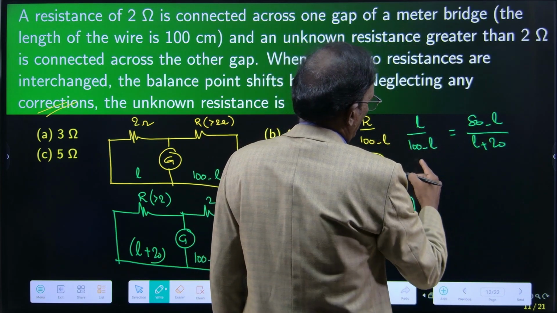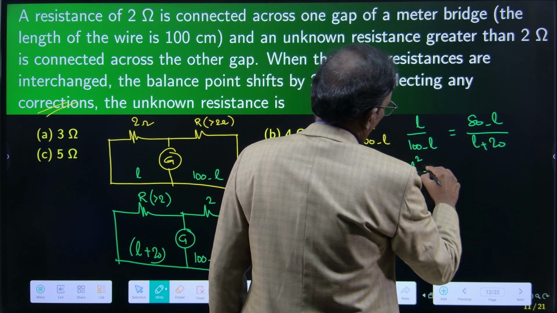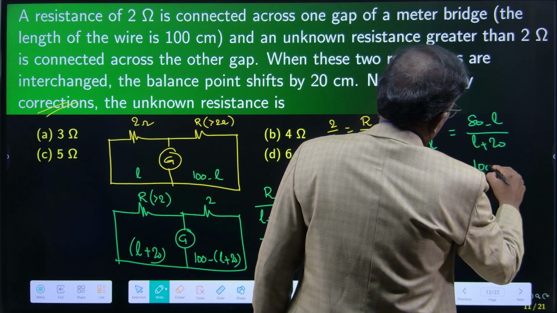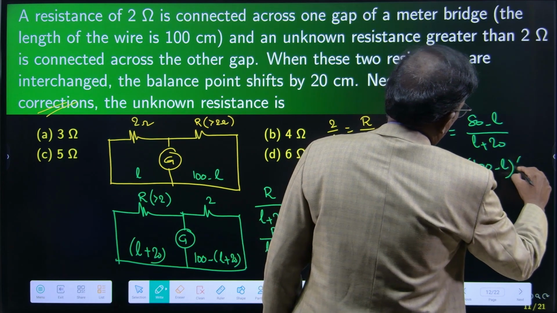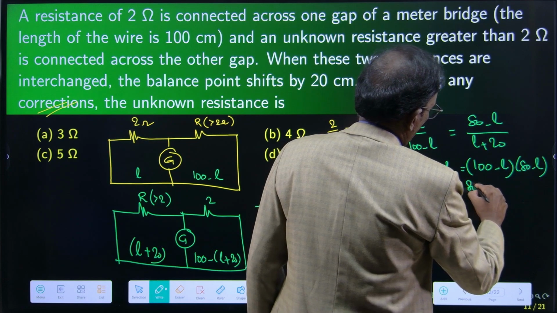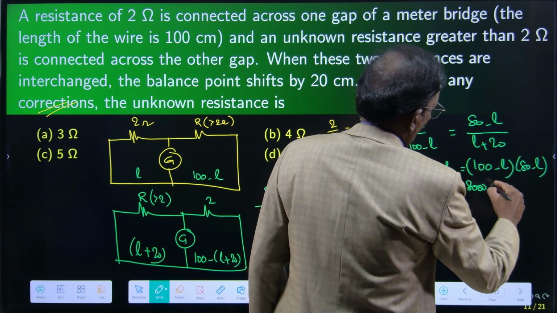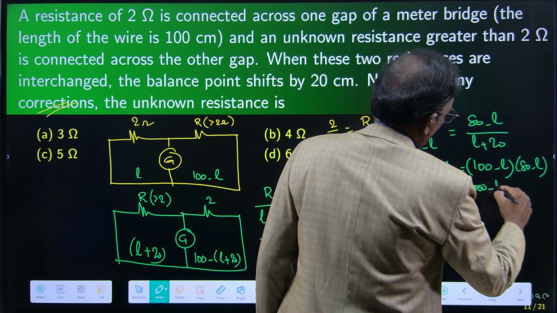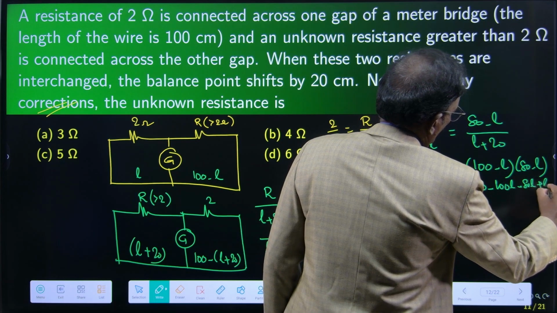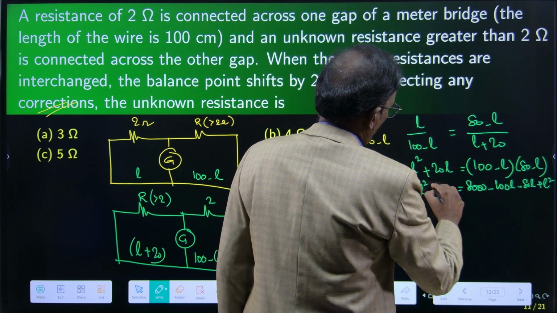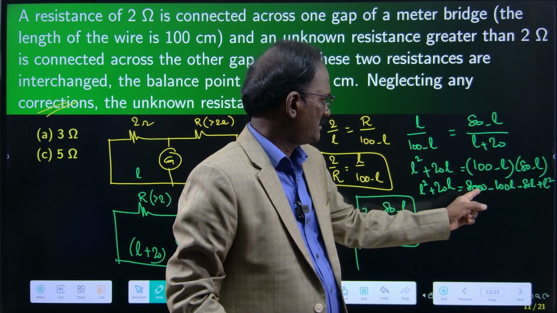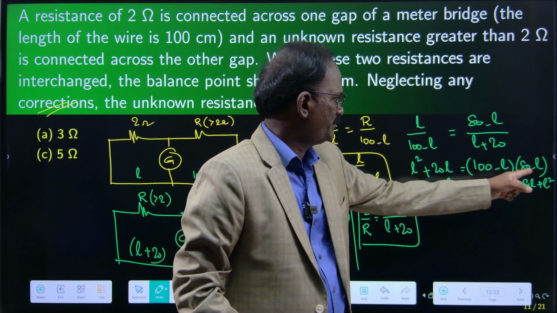So this is cross multiplied. L square plus 20L is equal to 100 minus L into 80 minus L. So this is 8000 minus 100L minus 80L plus L square. So this is L square plus 20L, 80 into 100, then 100L, 80L plus L square.